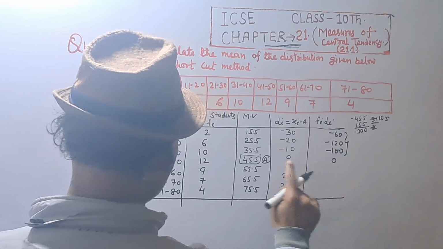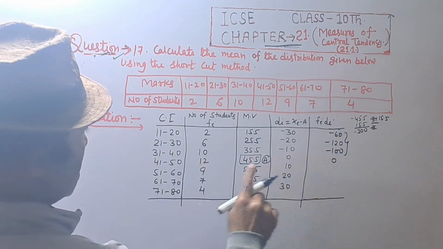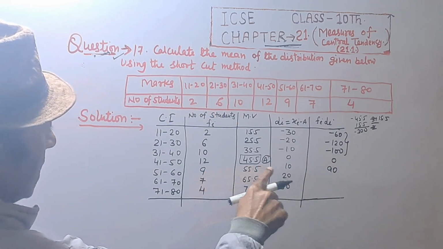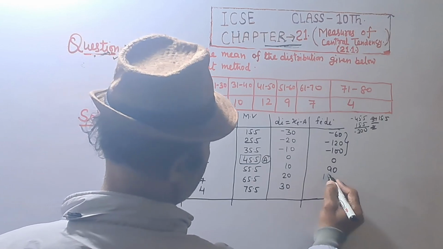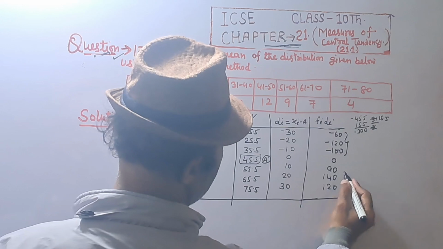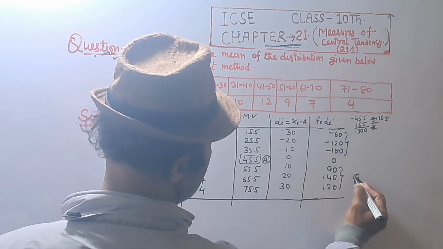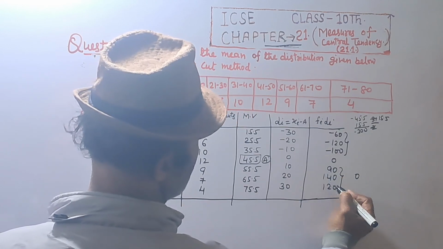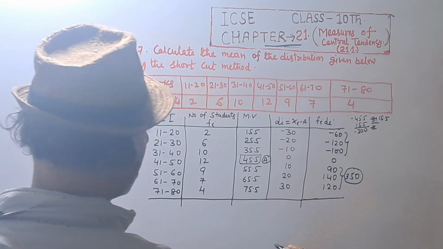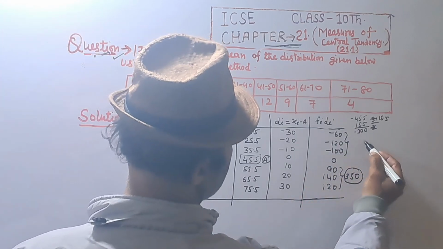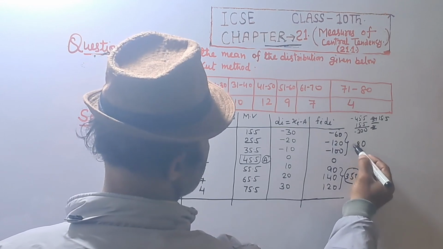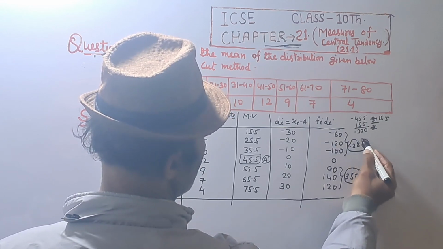And 12 multiplied by 0 is 0, and 9 multiplied by 10 is equal to 90. 7 multiplied by 20, that is equal to 140. 4 multiplied by 30, that is equal to 120. And their sum is 350. And the sum of negative numbers is minus 280.